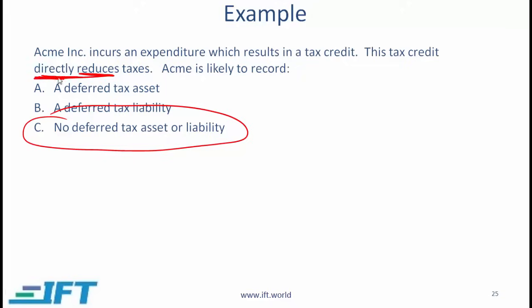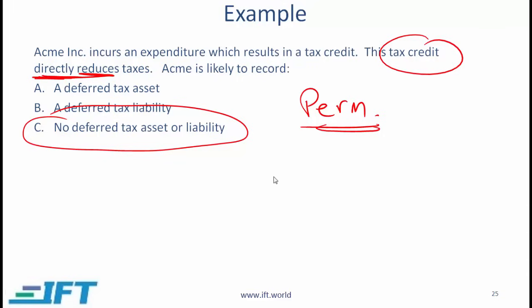The key word here is directly reduces taxes. And if you recall from an earlier slide, if you have a tax credit that directly reduces taxes, this results in a permanent difference. When you have a permanent difference between accounting profit and taxable income, then we do not create deferred tax assets or liabilities.